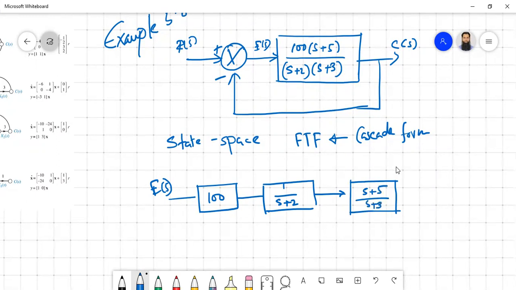Or if you want, you can take it as 2 blocks, first 1 by s plus 3, then s plus 5.